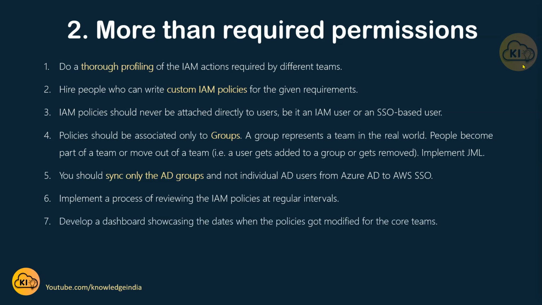You can go ahead and develop a dashboard for that matter, which showcases the dates when the policies got modified for the core teams at least, because that will give you an idea of how well your profiling was done and whether the policies which got changed were really required or whether something happened without the knowledge of core people. All such things actually happen on the ground. So go ahead and implement this process in a strong way.